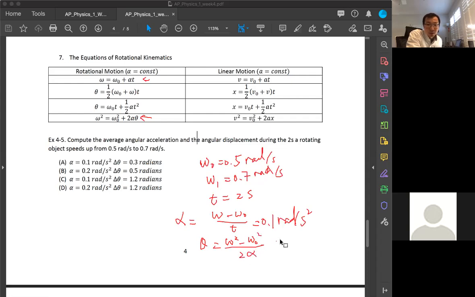You plug in 0.7 squared minus 0.5 squared over 2 times 0.1, and that gives you the answer in radians, so that should give you the answer C. All right, great. Pretty basic questions. This package is almost done. We just recap the fundamental knowledge, and then we do a little bit more practice later.